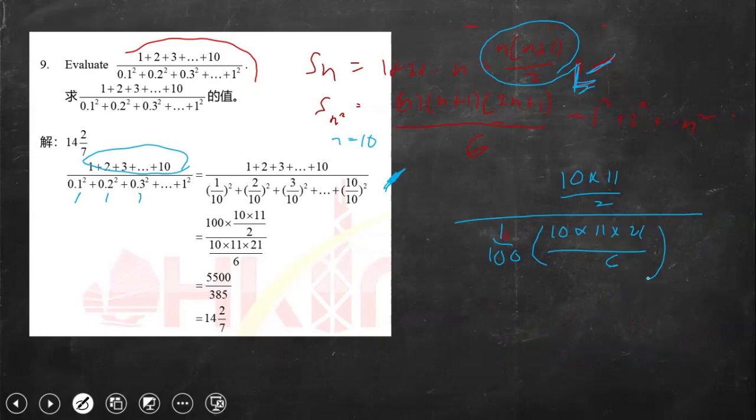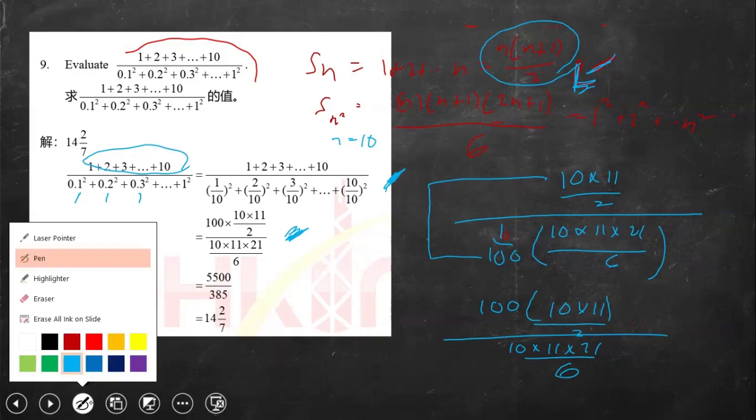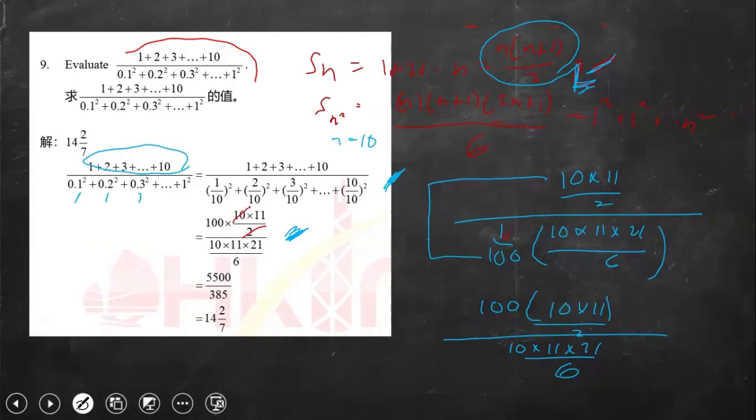So moving 10 to here. And wait, let's cancel first. Oh, no, it's fine. You're going to have 100 times 10 times 11 over 2 over 10 times 11 times 21 over 6. And that's how we have this. Okay, and so canceling to here to get 5.